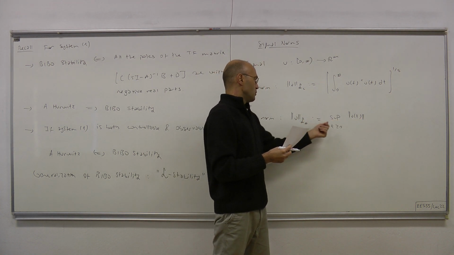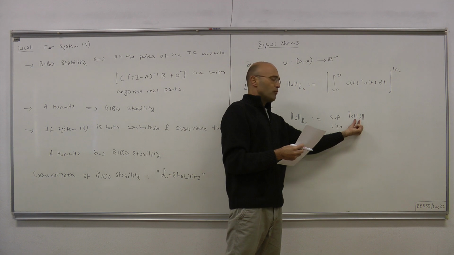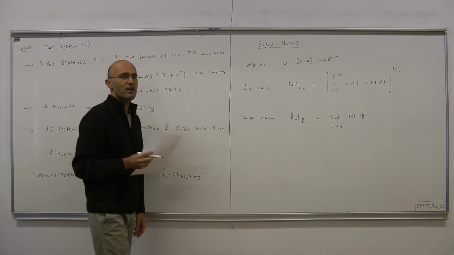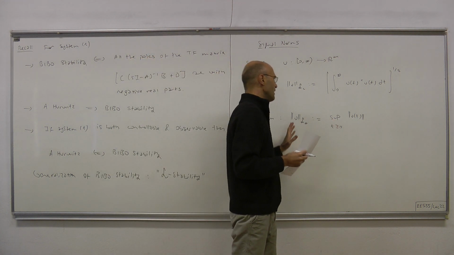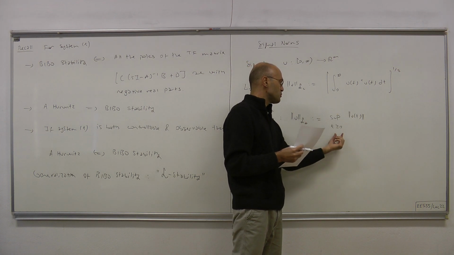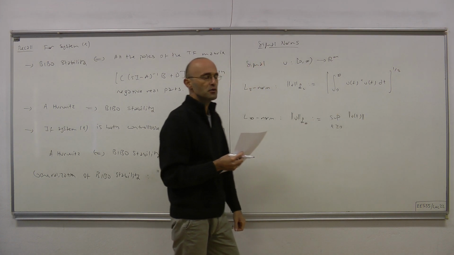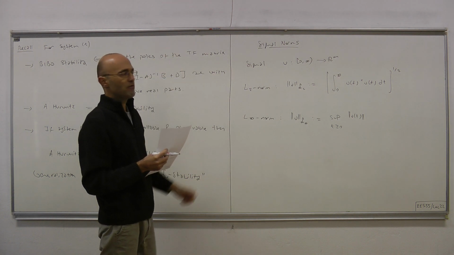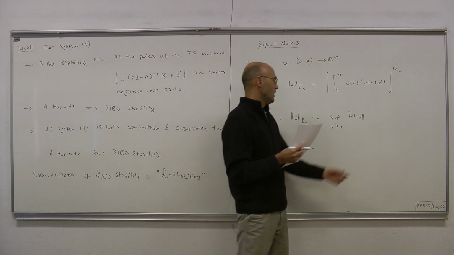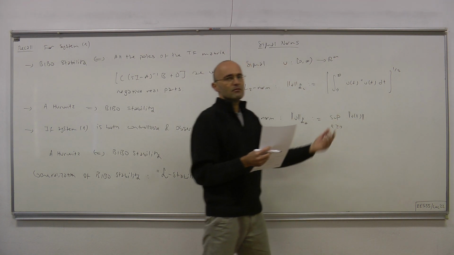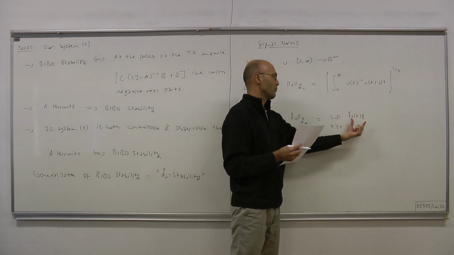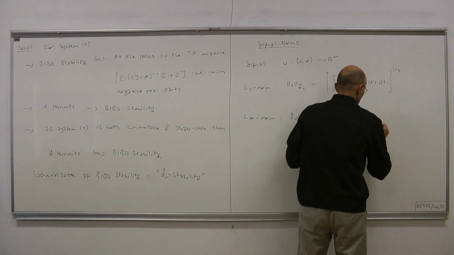You pick a t, and then u of t is a vector in R^m, and then you compute the norm of that vector. And then once that's complete, you take the maximum or supremum of all those possibilities from t equals 0 to infinity, and the largest value, or the supremum, gives you the L infinity norm of the signal. And here, this norm, well, we can take any norm for that, 2 norm or infinity norm or 1 norm. But nevertheless, this is a vector norm.